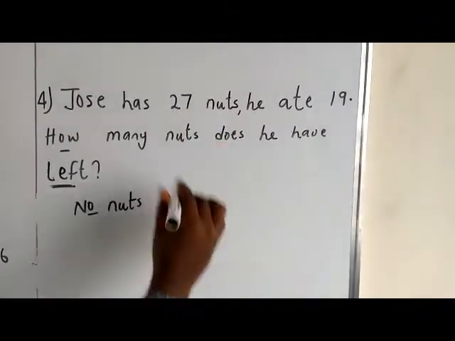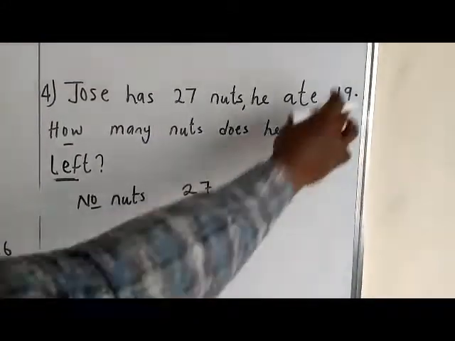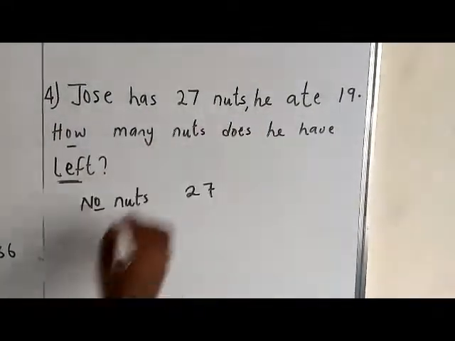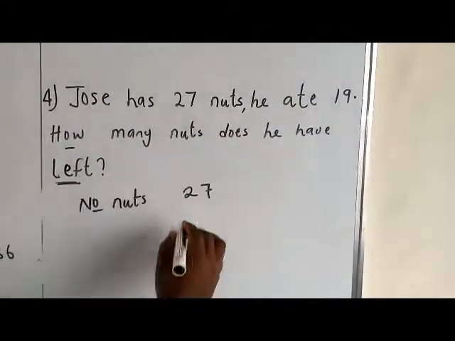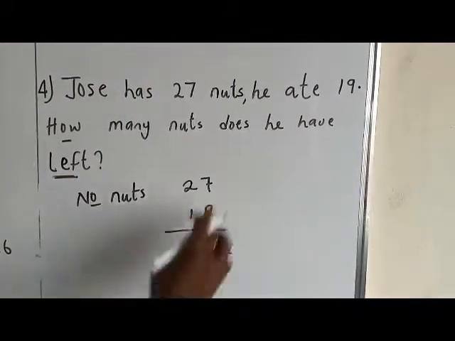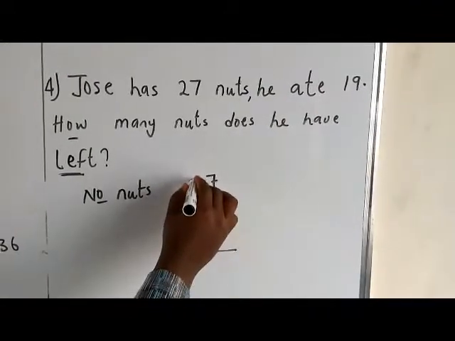Number of nuts is 27. The next one, nuts eaten, is 19. This cannot take away this, so you borrow.